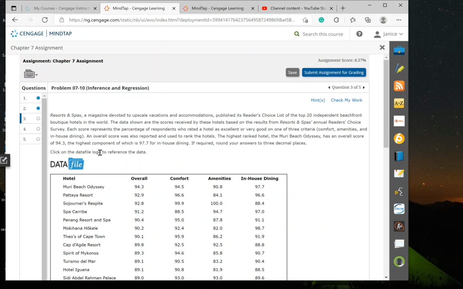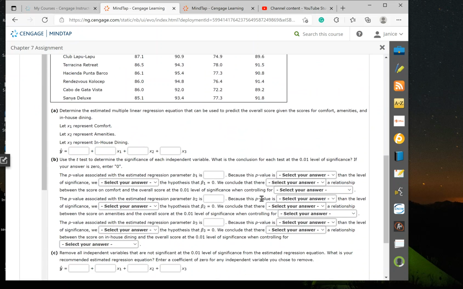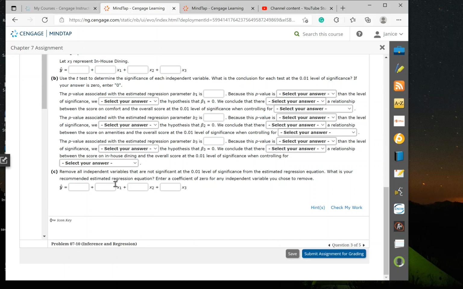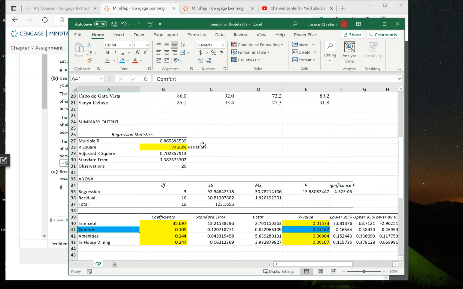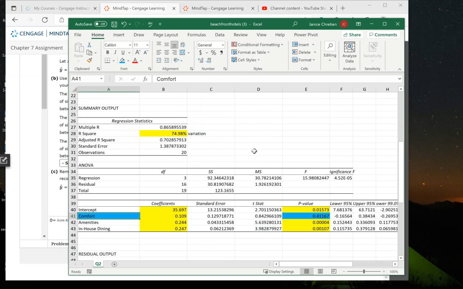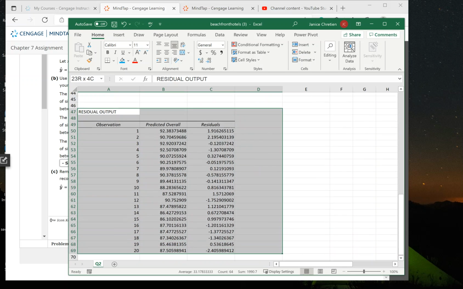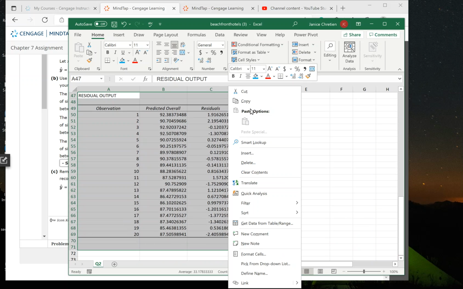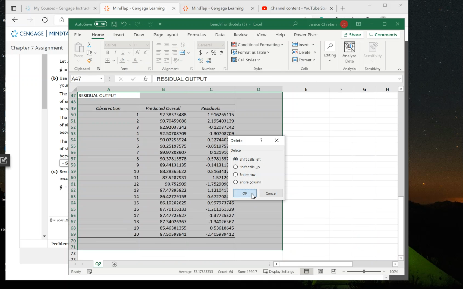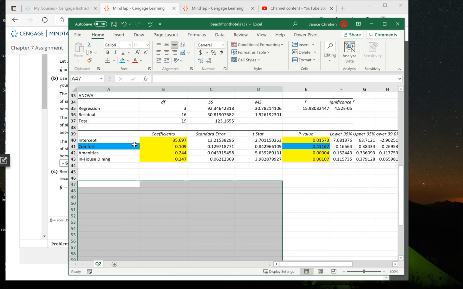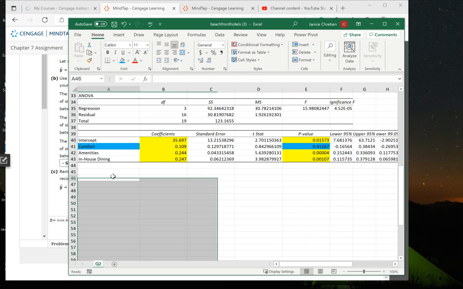And it said when you remove one, make it a 0. So I know that's going to be 0, right? So I've got to get these values now. And I want to show you how I don't need this. I'm going to take this off so we can compare the two charts because there's going to be quite a difference. Okay, so I'm going to remove comfort and then I'm going to rerun the regression equation again.